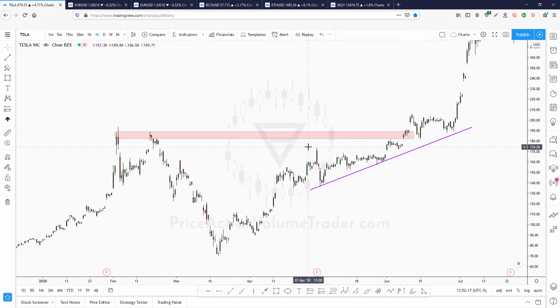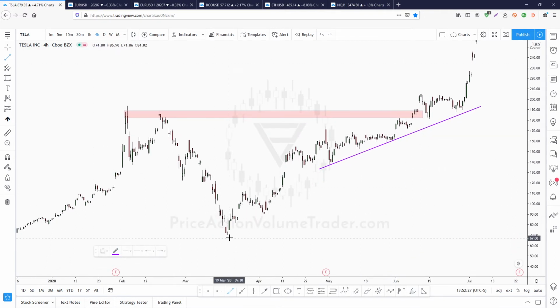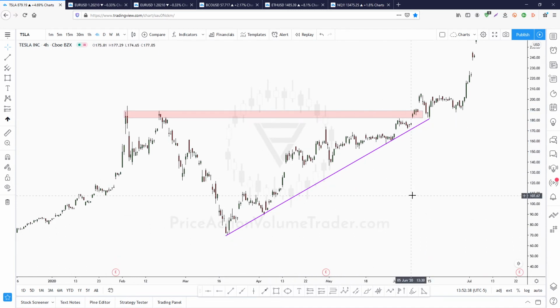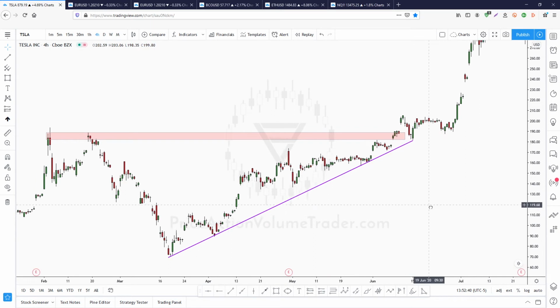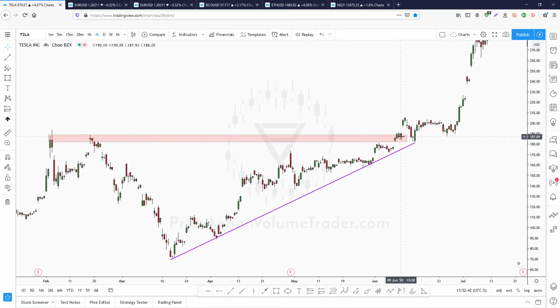So this is almost forming an ascending triangle, if you're looking at classical chart patterns. We can draw it like this, where we see we are in an ascending triangle formation. And what do we have here? Gap up and break up of this level.